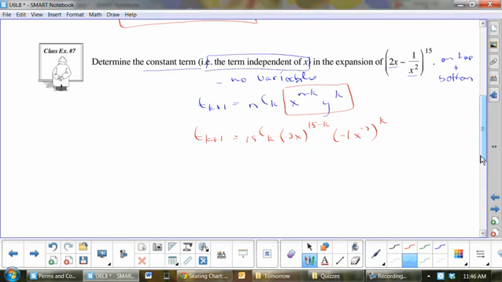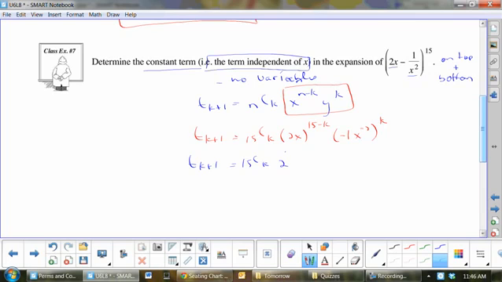I want to expand that 15 minus k to the 2 and to the x. And I'm going to distribute it. I'm going to distribute that k to the x, the negative 1 and the x, okay? So my next line is t to the k plus 1 equals 15 C k. Now remember, I can distribute that exponent.